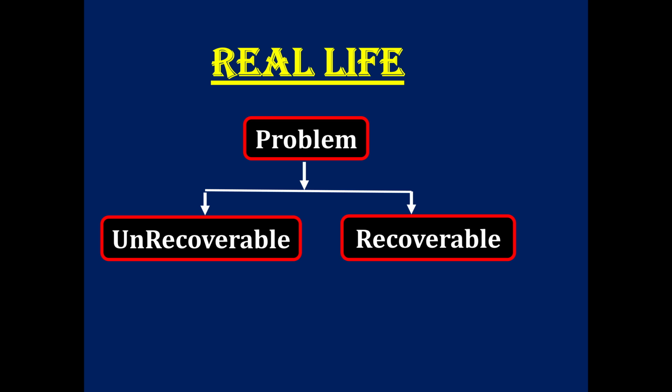So these are the major failures which cannot be fixed immediately so that we can continue our workflow. So these are some real life scenarios which indicate major problems which are unrecoverable. With this, normal workflow cannot continue reliably. That's why these are unrecoverable problems.